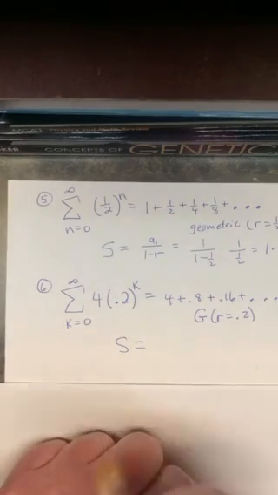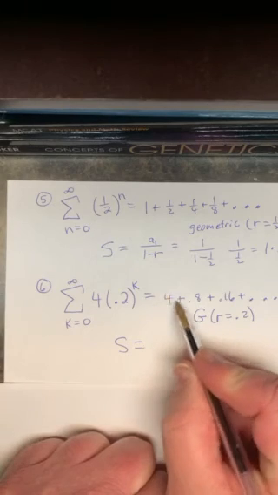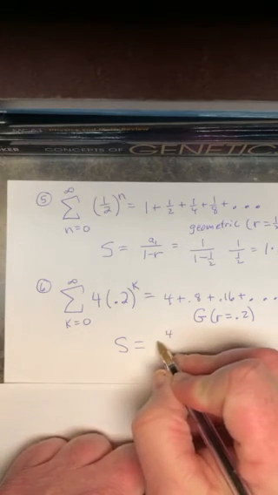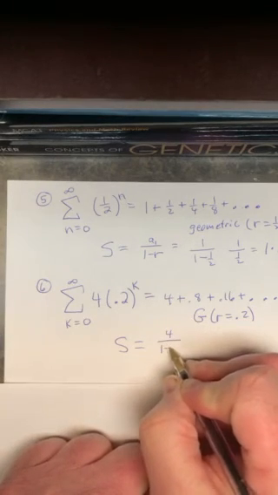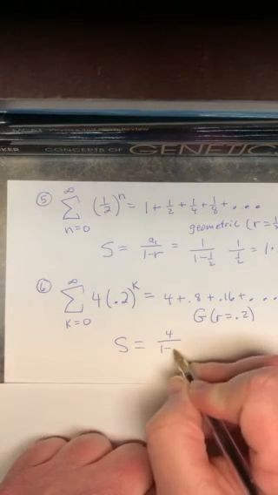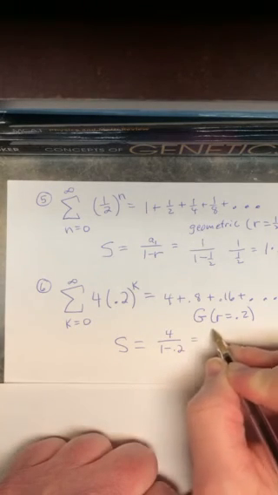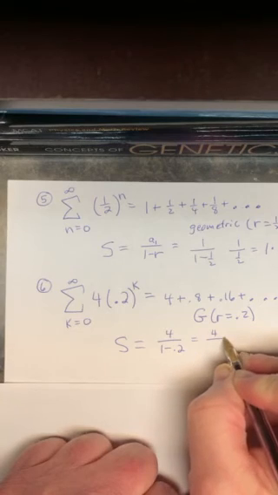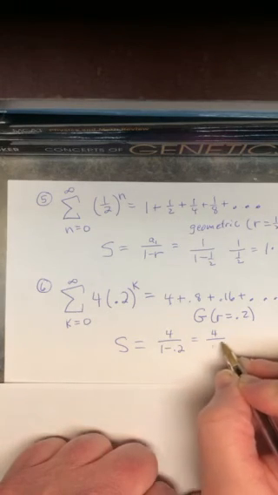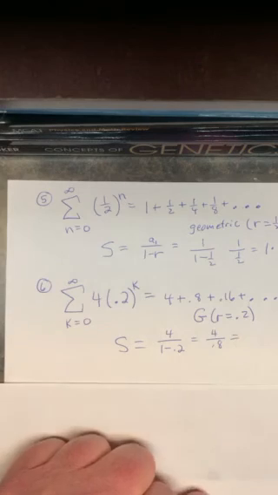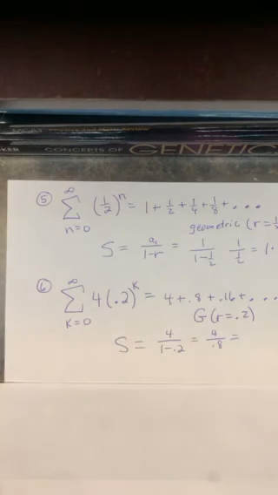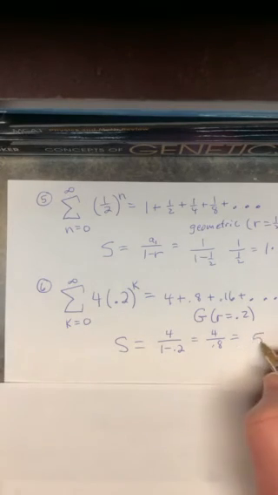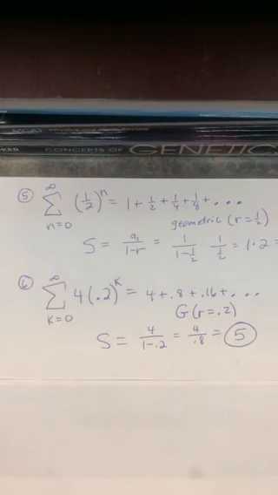And to get the sum, we're going to take a1, the first number, which is 4, divided by 1 minus r. And since r is 0.2, that really gives us 4 divided by, what is 1 minus 0.2? Isn't that 0.8? So I'm going to pull out my calculator because we actually want a decimal this time, don't we? 4 divided by 0.8 gives me, oh my gosh, exactly 5 for the sum of that infinite series.